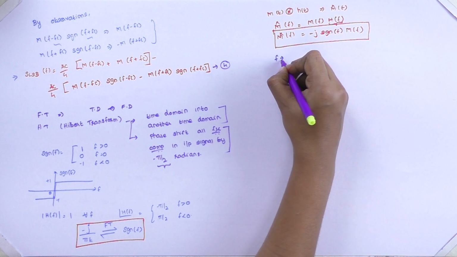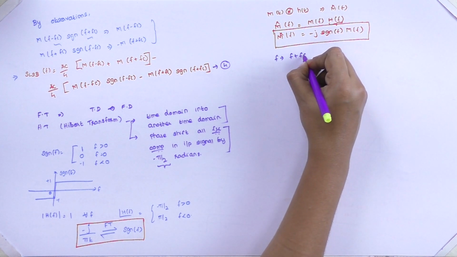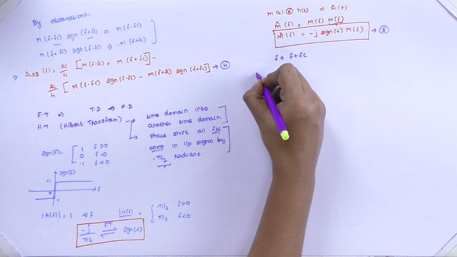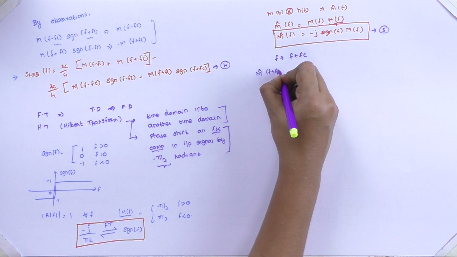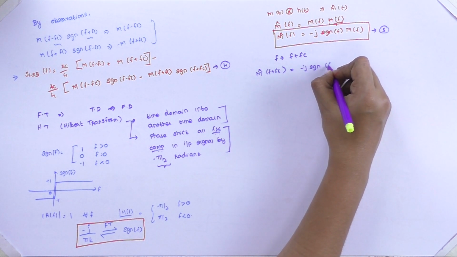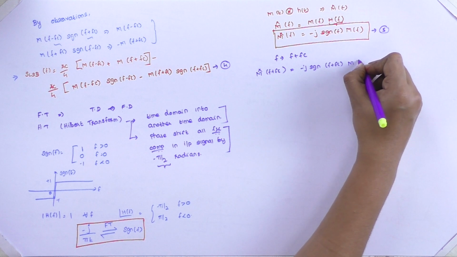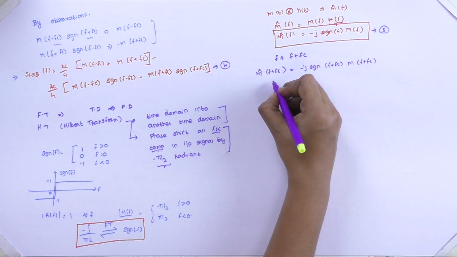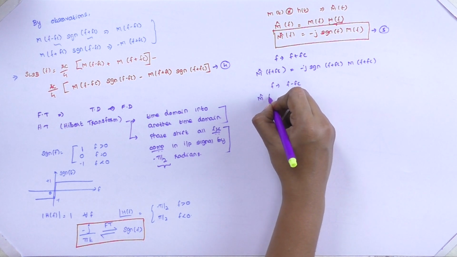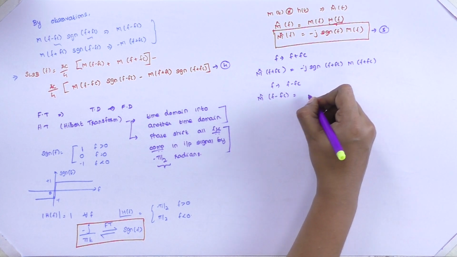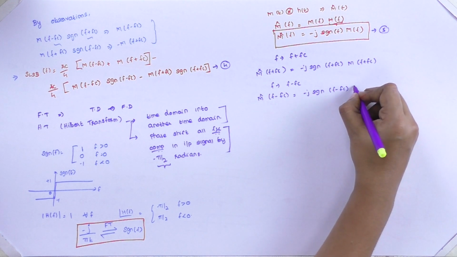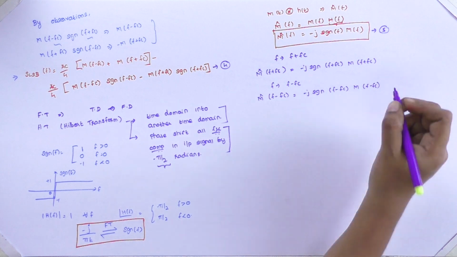If we substitute f plus fc instead of f in the above equation, consider this as equation number 5, this equation will become m cap of f plus fc equals minus j signum of f plus fc into m of f plus fc. Similarly, when we substitute f minus fc, our equation number 5 will become m cap of f minus fc equals minus j signum of f minus fc into m of f minus fc.